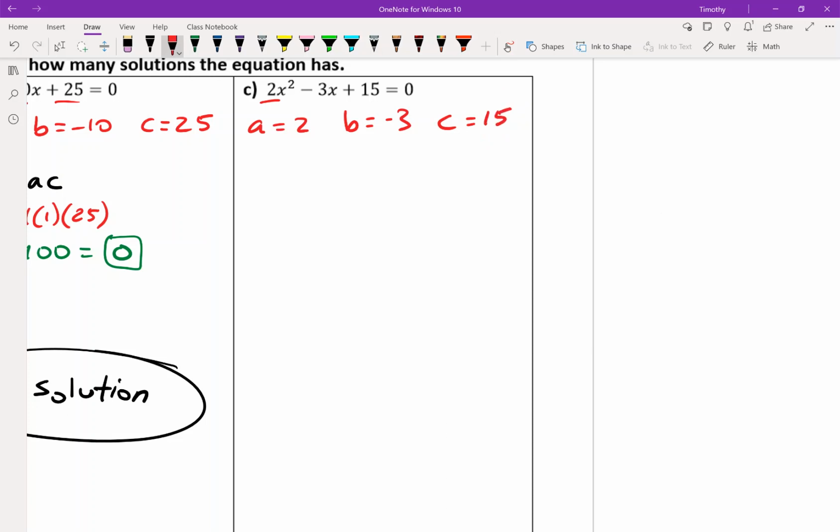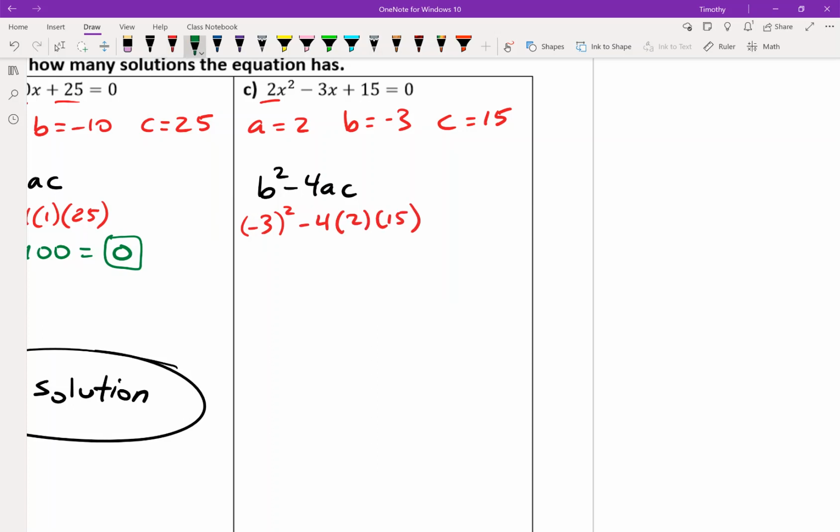Okay, so now we can use our formula. b squared minus 4ac. So b squared, that's again negative 3 inside the exponent. Include that negative when you square it. Minus 4 times 2 times 15.